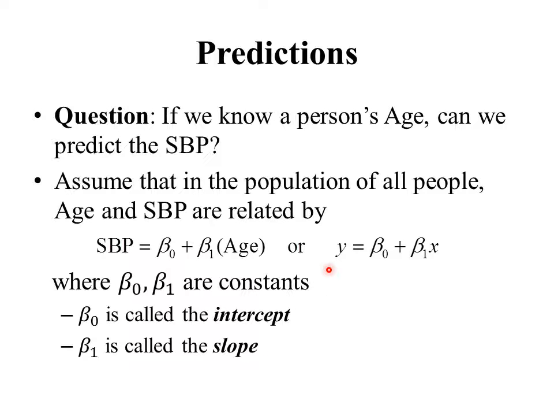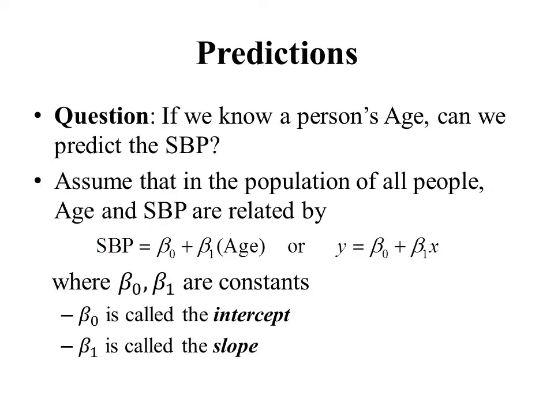Remember back to high school algebra, we had something we called the point slope formula, or the slope intercept formula of a straight line, which is y equals mx plus b. This is kind of the same thing. Here we're using beta 1 for m and beta naught for b, but same basic idea.